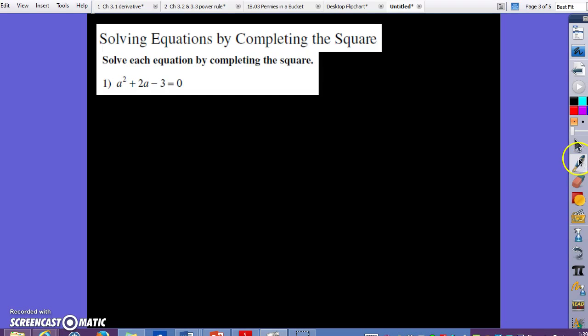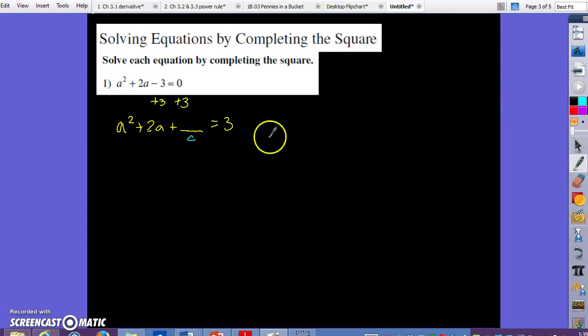I'm going to complete the square first, and then from there we will solve it. So I'm going to add 3 to both sides. So I have a squared plus 2a, and I'm going to put my blank there, equals 3. So this is my C value that I am looking for.